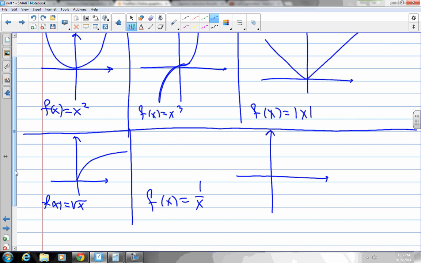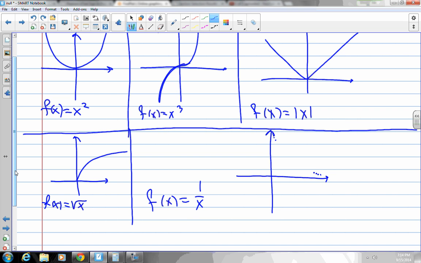And now think about this. This function just takes the reciprocal. If I put a large number for x, 100, you take the reciprocal of it, you get something very, very small. So if x gets large, y gets small, and you get very close to the x-axis. At the same time, if you put a small number for x, 1 over 100, and you take the reciprocal of that, you get 100. So the closer you get to 0, the larger y gets.